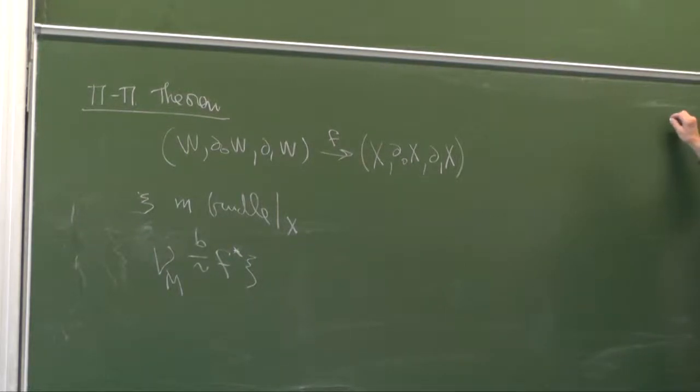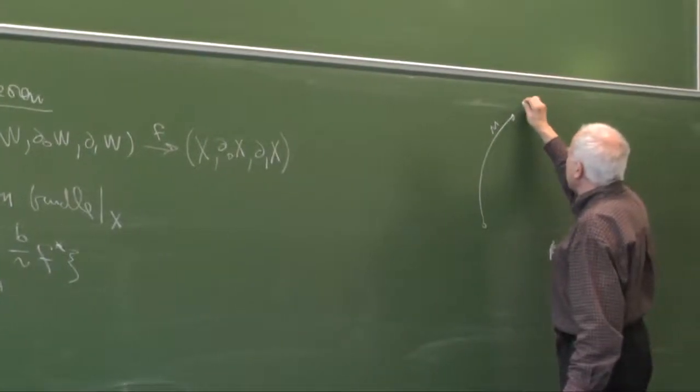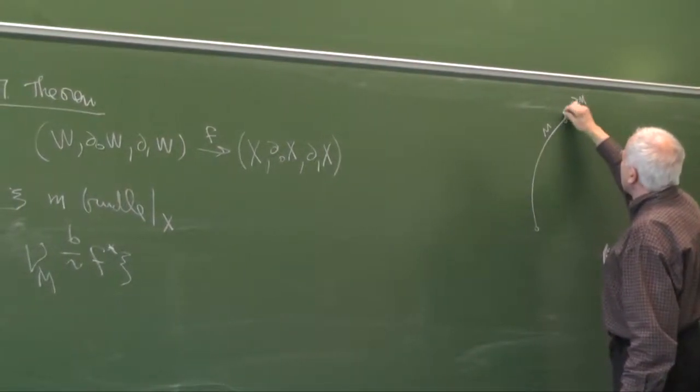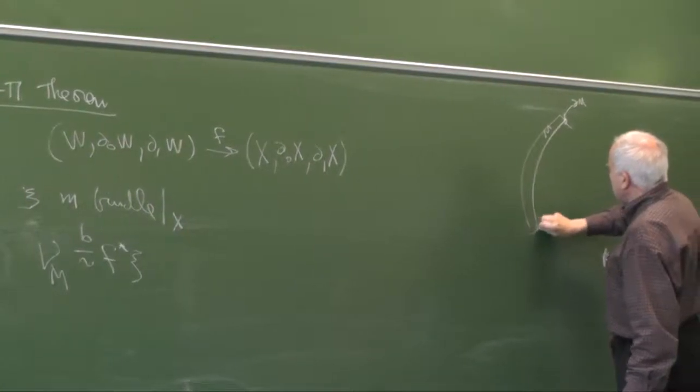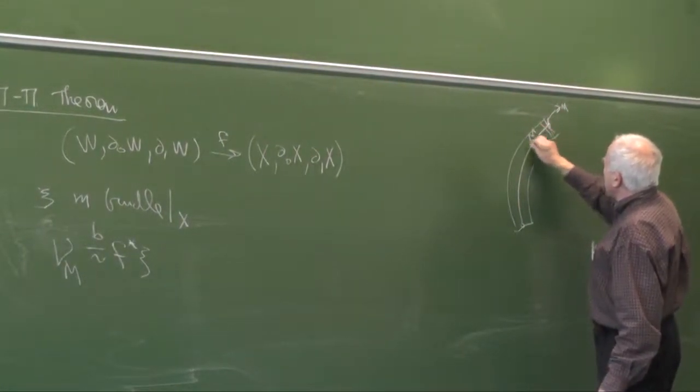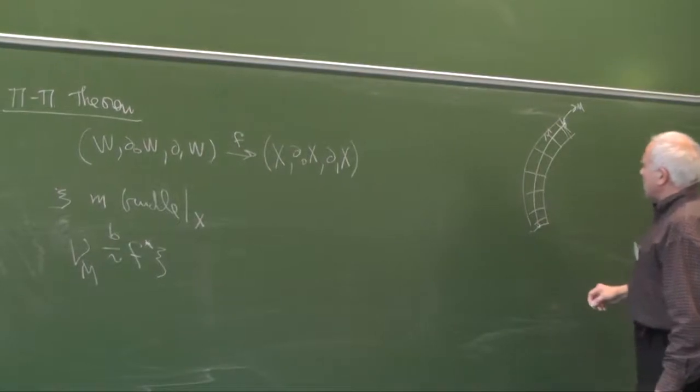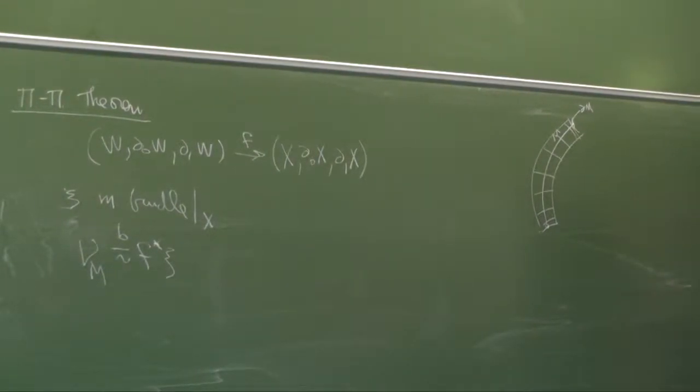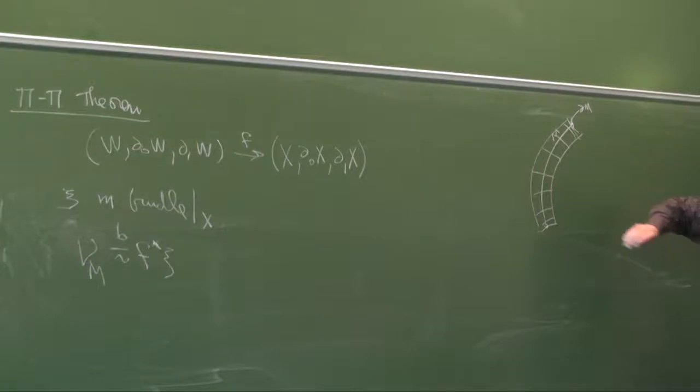So if this is M, here's boundary M, the normal bundle is a bundle over M. Well, one way to think of it is you can take M and embed it so the boundary is in the boundary, that is D^(n+k).